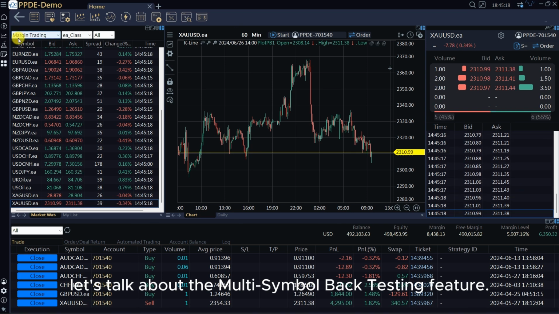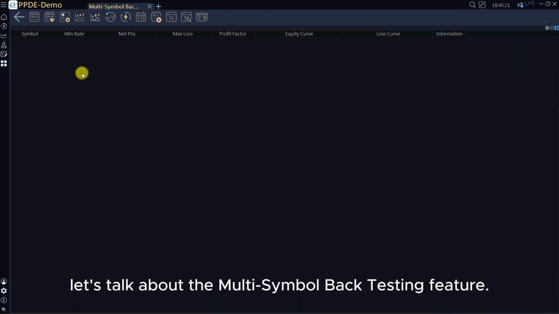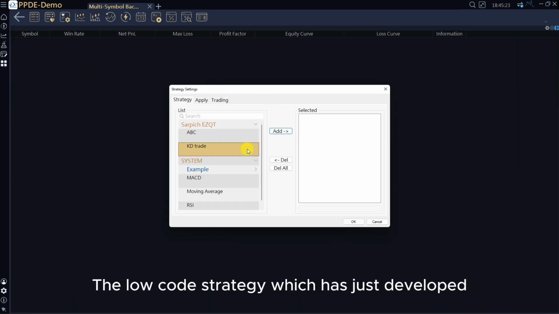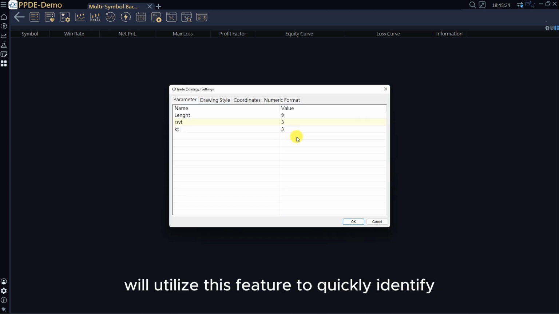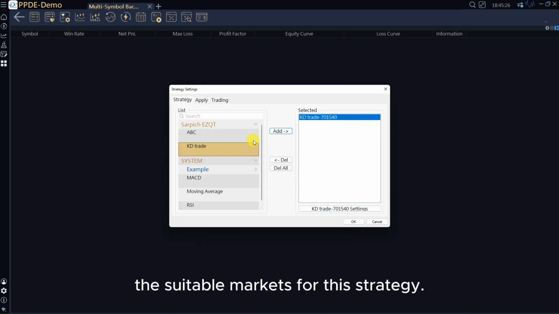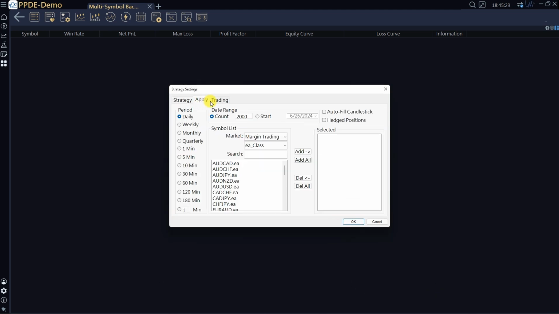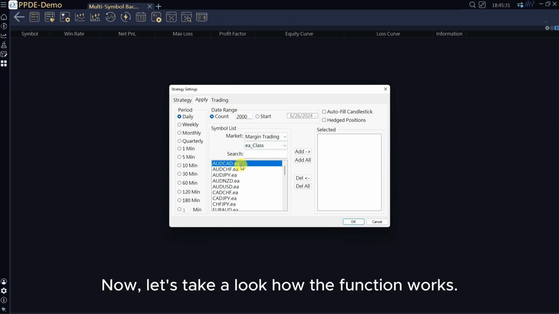Next, let's talk about the multi-symbol back testing feature. The low-code strategy which we have just developed will utilize this feature to quickly identify the suitable markets for this strategy. Now, let's take a look at how the function works.